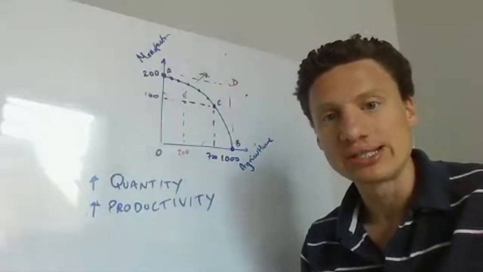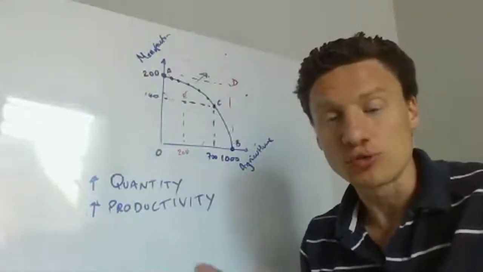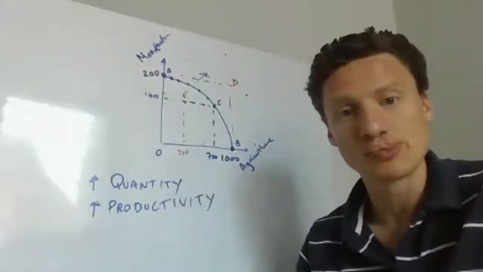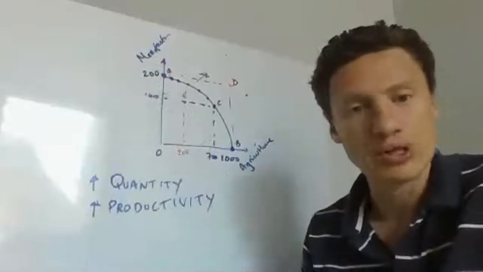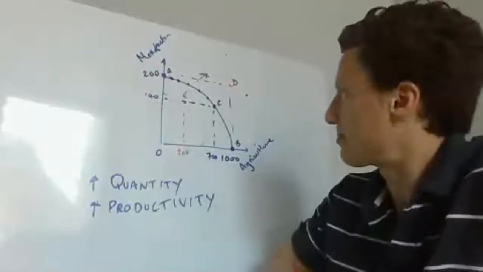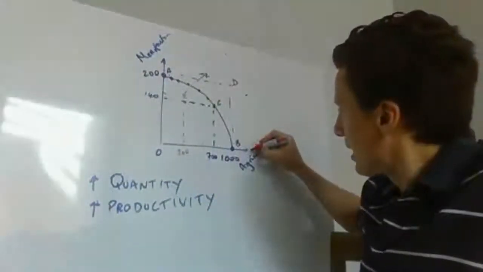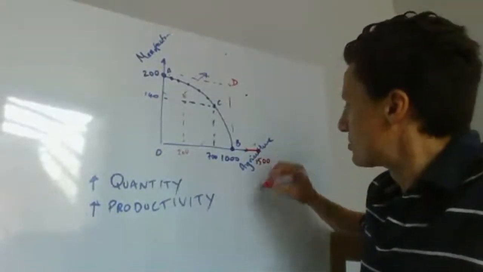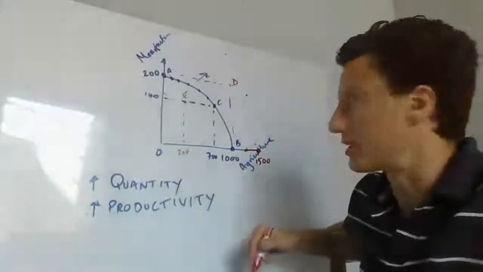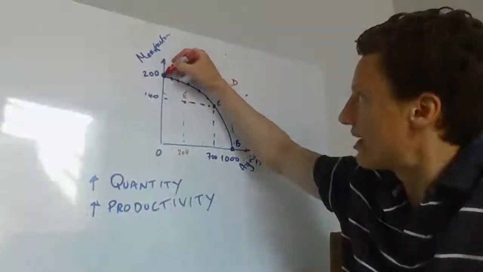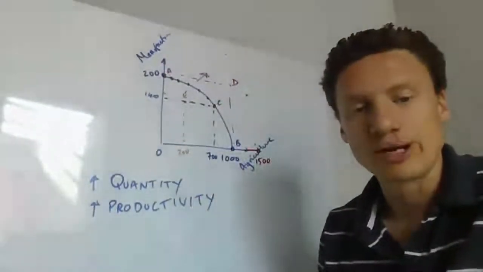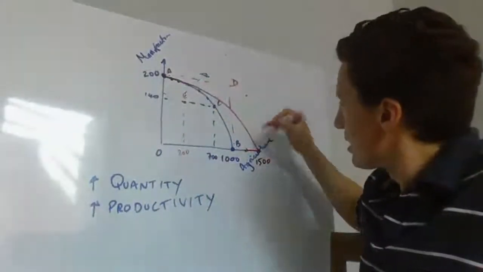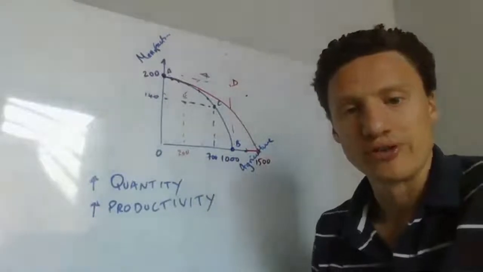If you have an increase in the machinery or the technology of machinery that only affects agriculture, i.e. it helps us grow more crops but doesn't help us at all in manufacturing, then the PPF would shift outwards to the right here on agriculture. So maybe we could make 1,500 units of agriculture now, but it has no effect on the maximum number of manufacturing goods that we can make. And you would get a skewed shift like that.